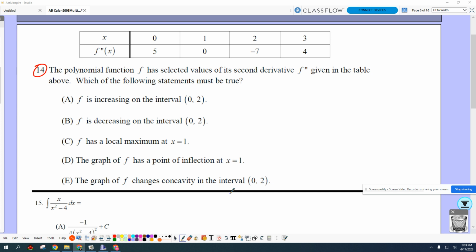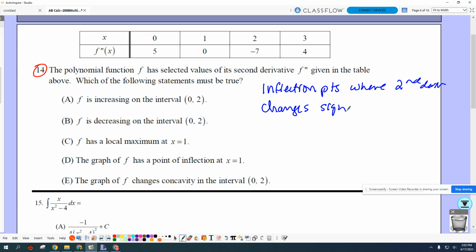So you said inflection points are where the second derivative changes sign and had to hit 0 or be undefined. And so you're saying from here, it hit 0, second derivative went from positive to negative. There had to have been an inflection point in there somewhere.